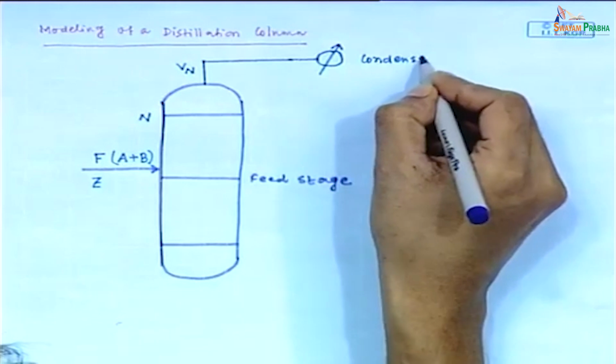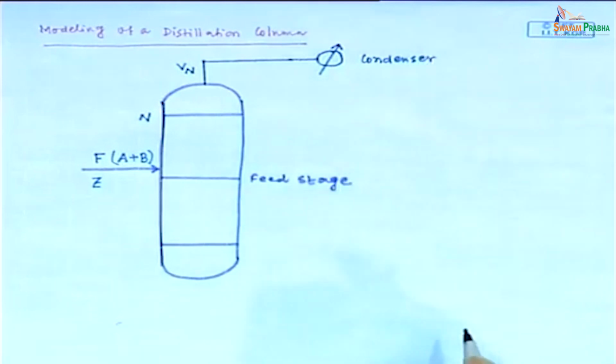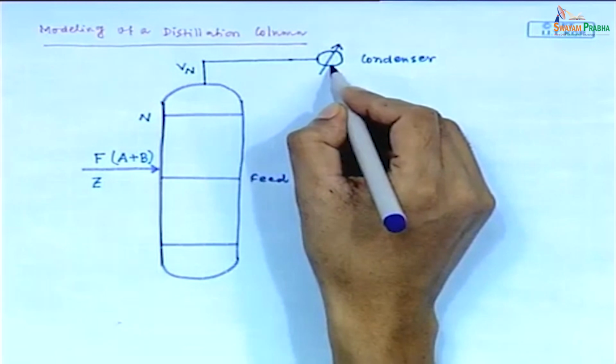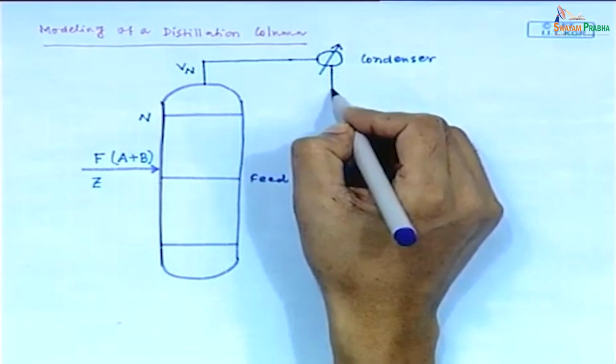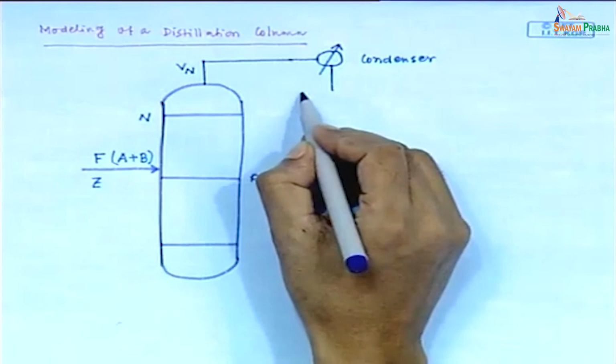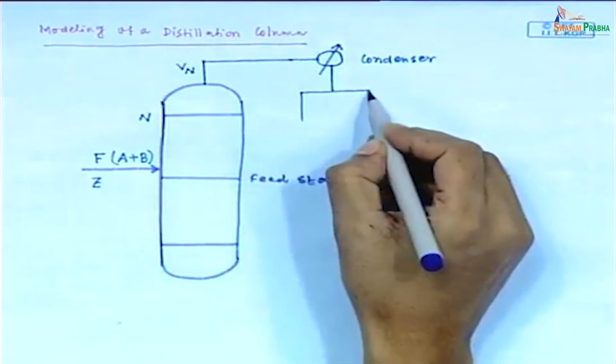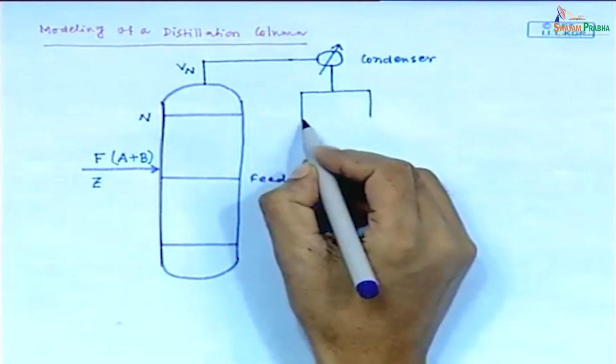After condensation, the condensed liquid is accumulated in a drum.